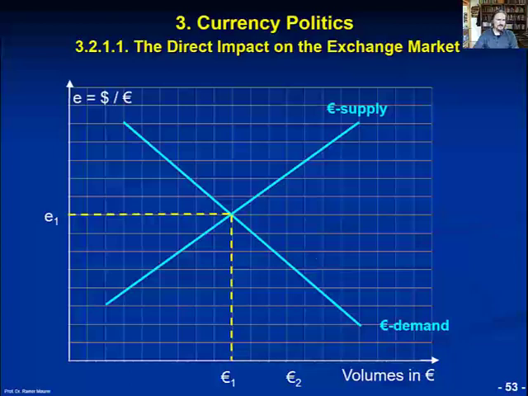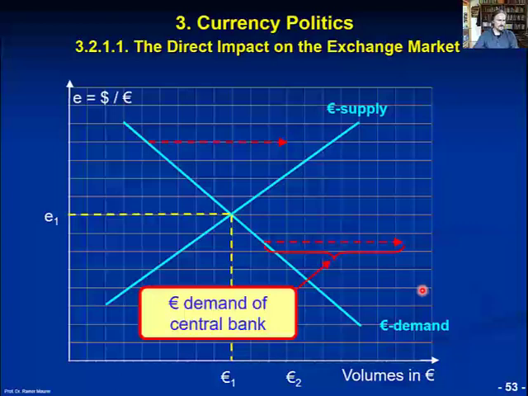This will increase the demand for euro such that this curve shifts to the right. So this is the additional demand by the European Central Bank for euro, and the European Central Bank is able to do so because it has dollar reserves.